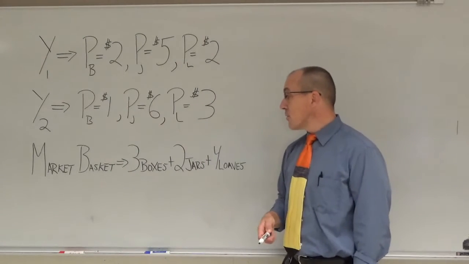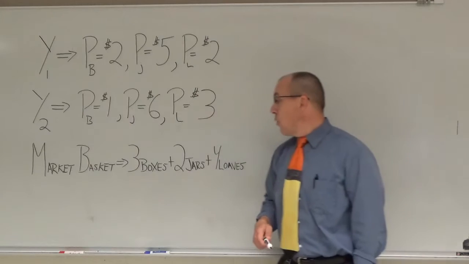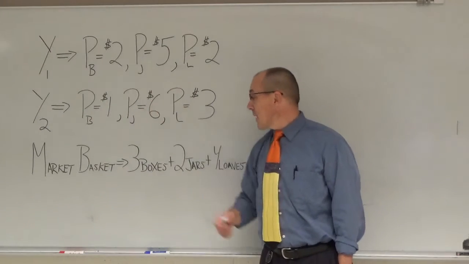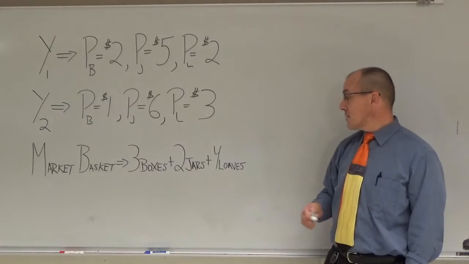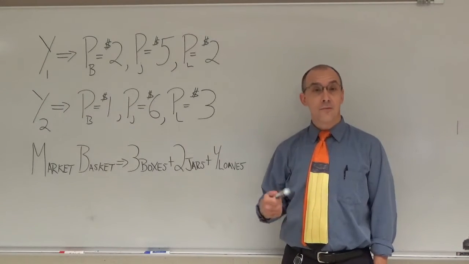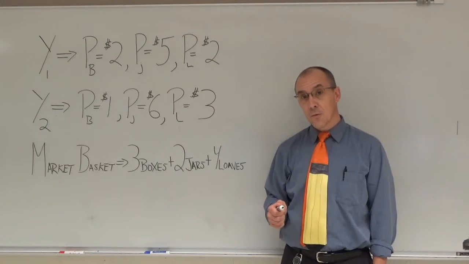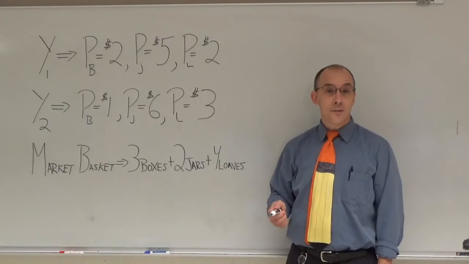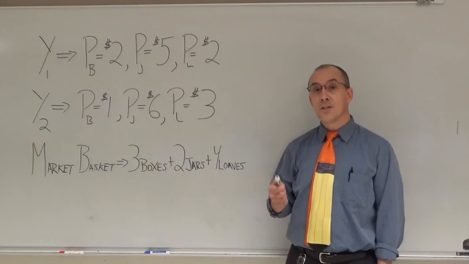So in the hypothetical market basket that we've set up, we have consumers purchasing 3 boxes of spaghetti, 2 jars of spaghetti sauce, and 4 loaves of bread. And we need to figure out what is the rate of inflation. So the first thing we're going to do is calculate the market basket price, the total cost of the market basket for each year.